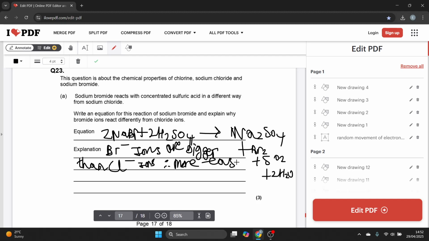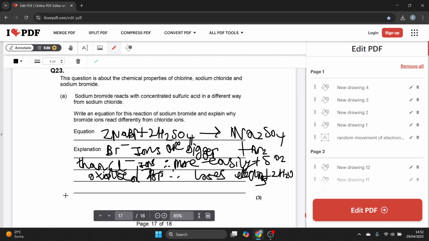But Iman, what does more easily oxidized even mean? Oxidation is the loss of electrons. So Br minus therefore loses electrons more easily, and that makes a lot of sense.